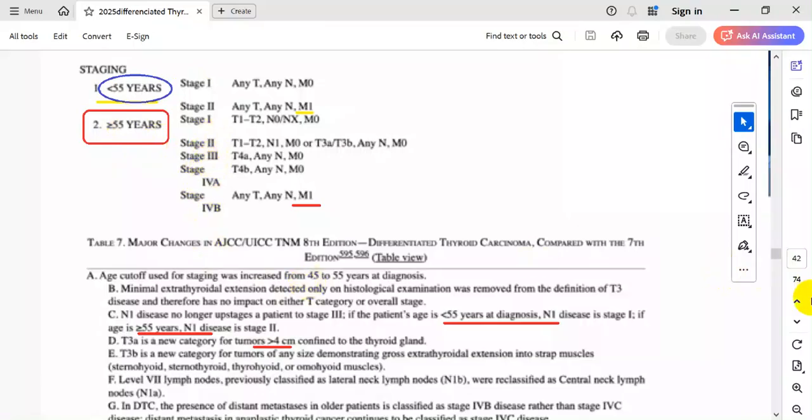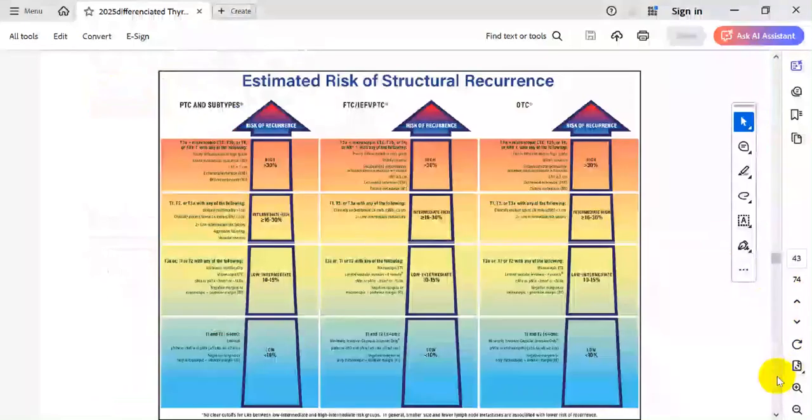So we know that the estimated risk of structural recurrence is very important. Dealing with low risk, intermediate risk is divided into categories: low, intermediate, and intermediate high.